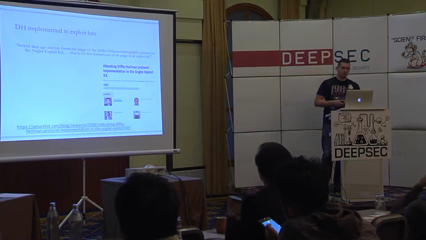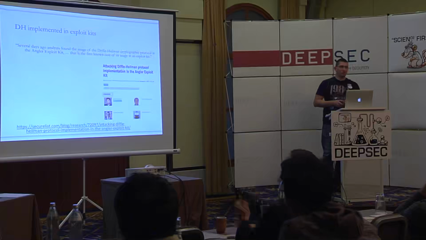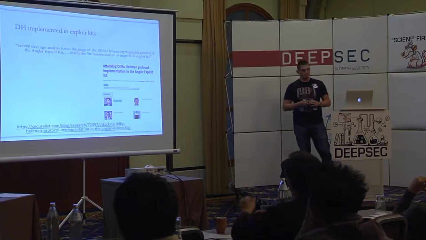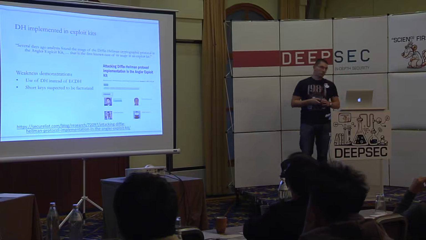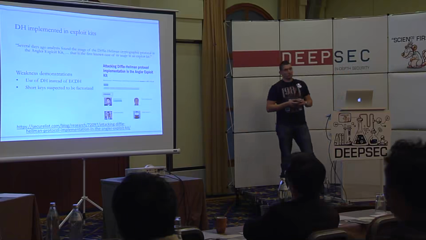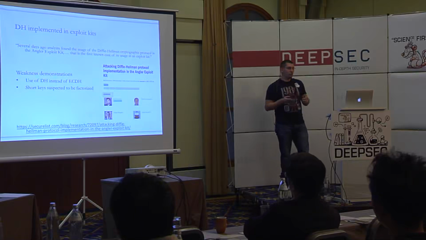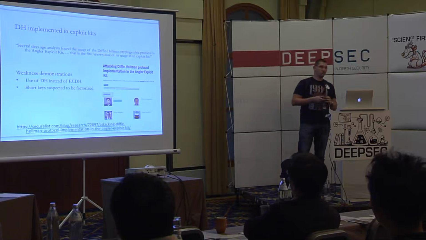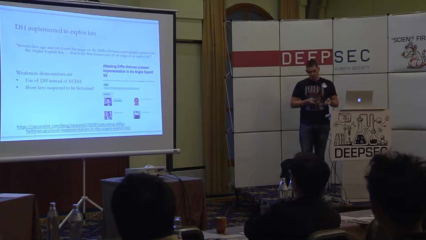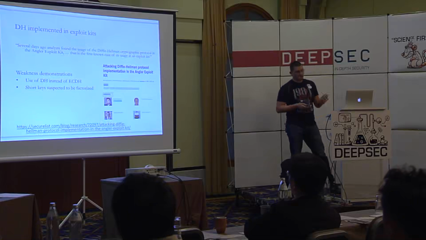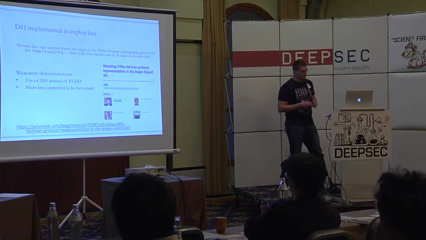And Kaspersky Lab started to analyze the implementation of this exploit kit and how they implemented Diffie-Hellman. And it turned out that because they couldn't use long keys, because generating long keys takes too much time, these short keys were susceptible to factorization. And they published a very nice paper about it, which I tried to understand, but I have no idea how the attack works, but it works, so it's pretty amazing.